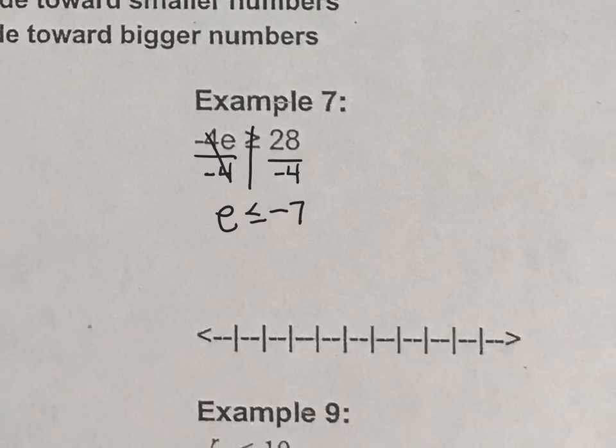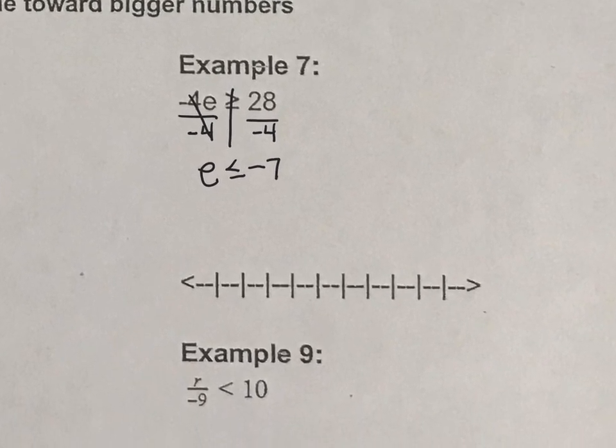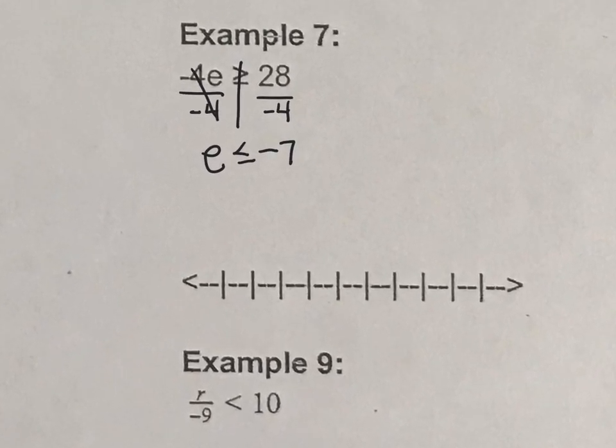Okay, so we're going to graph E is less than or equal to negative 7. So I'm going to come down here: negative 5, negative 7, negative 9, negative 11. This number is included, E is less than or equal to. So we're going to close the dot.